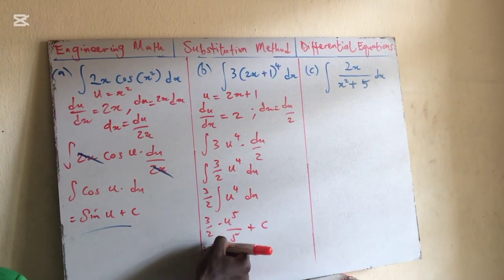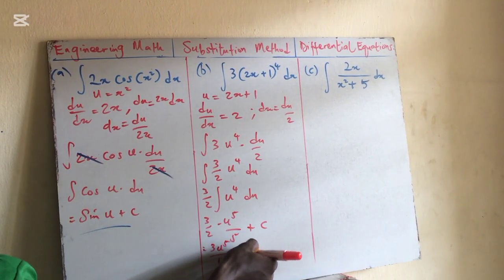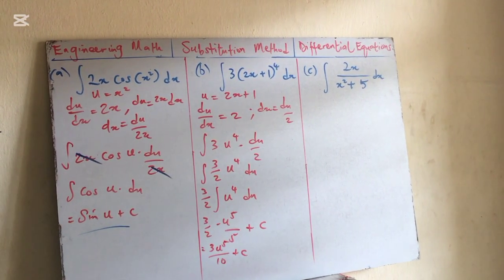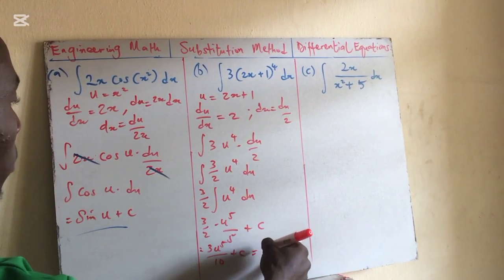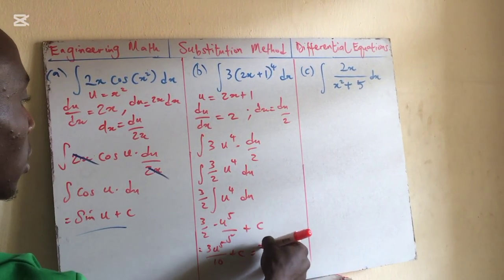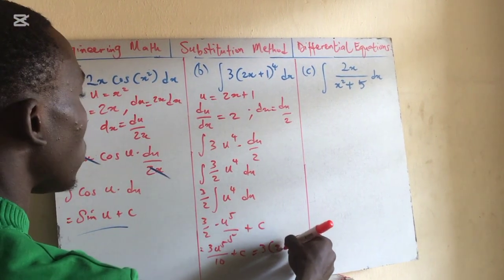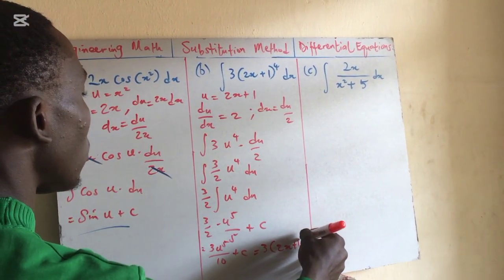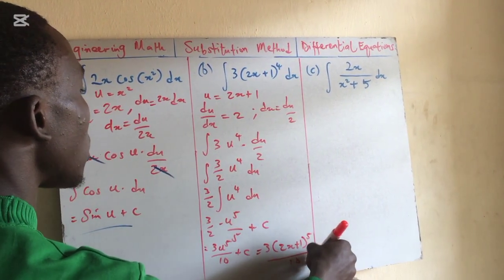So that will be 3u raised to power 5 over 10 plus c. And now you can just input back your u. So it will be 3 into brackets, what's our u? 2x plus 1, raised to power 5 over 10, then plus c.